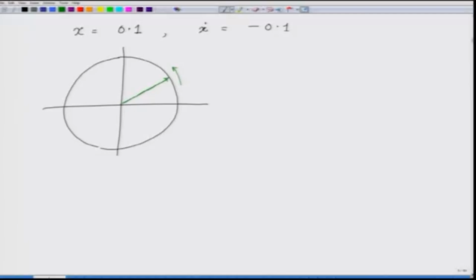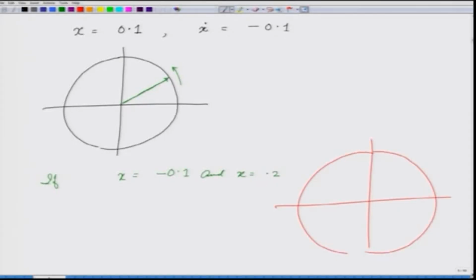Similarly, if x is equal to minus 0.1 and x dot is equal to 0.2, then the phasor would be in the third quadrant and would be turning like this.